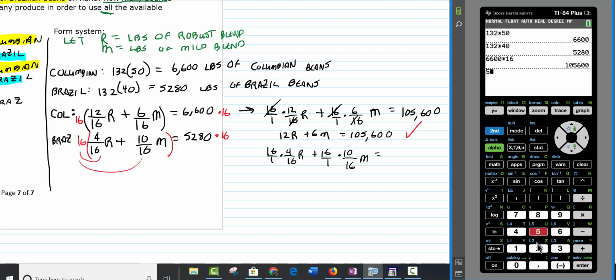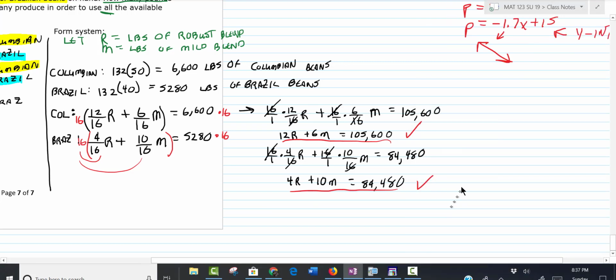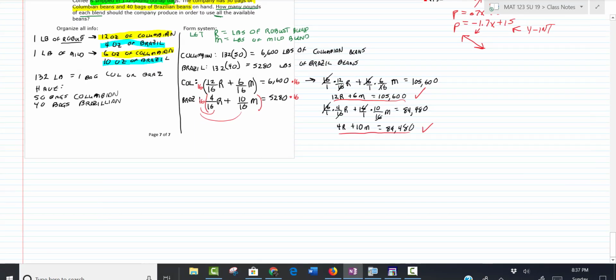Then I do 5280 times 16, and that will end up giving 84,480. Again, that crosses out, so we end up with 4R plus 10M is equal to 84,480. So that right here would be our system, after we've gotten rid of the fractions. That's kind of tricky, isn't it?